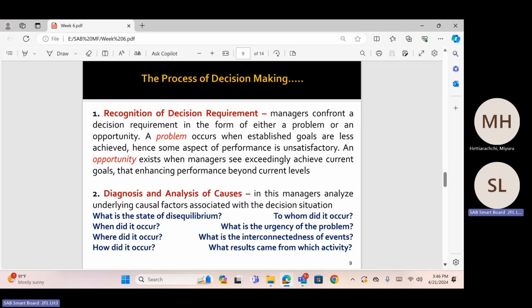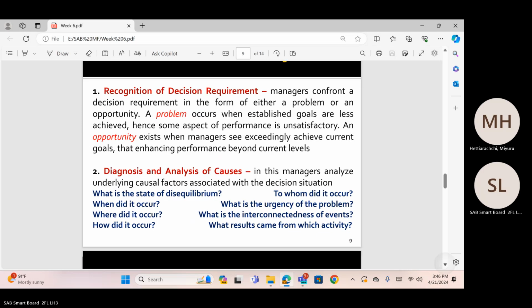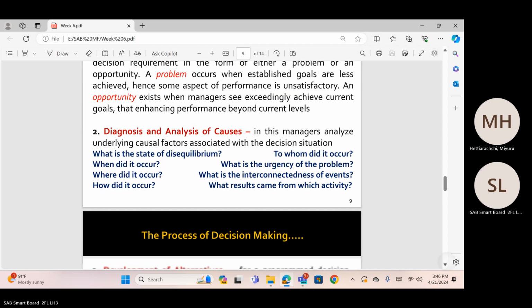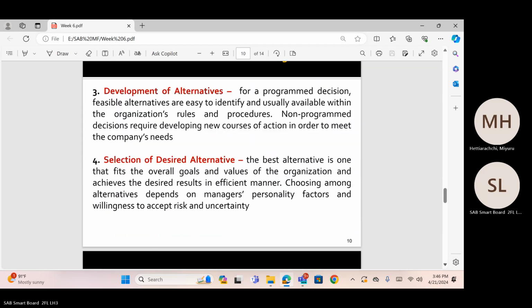A medical doctor also does the same, no? Asking some questions or observing the reports we produce. Right, then with that root cause analysis, the decision maker is enabled to identify different solutions, alternatives.